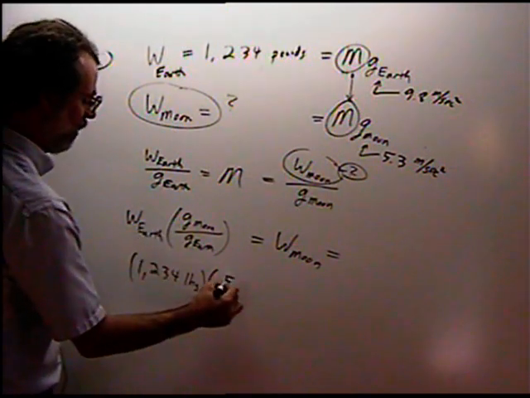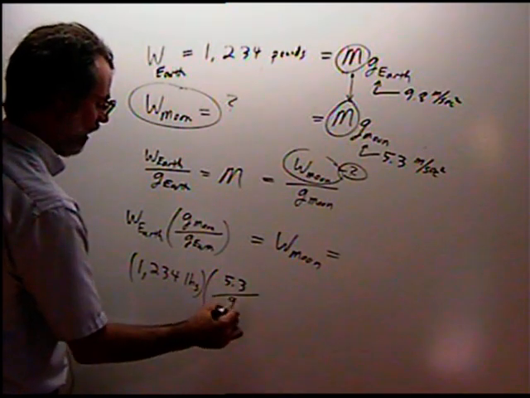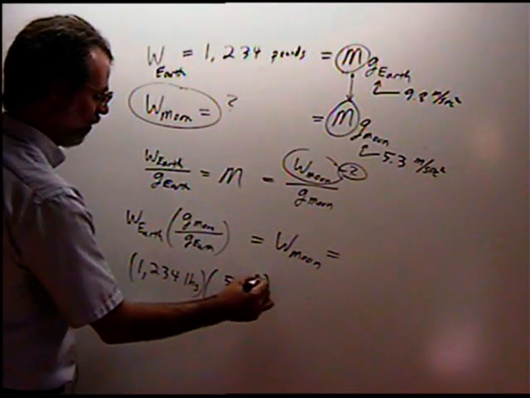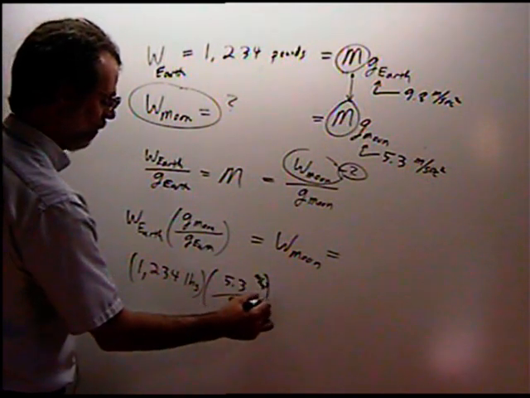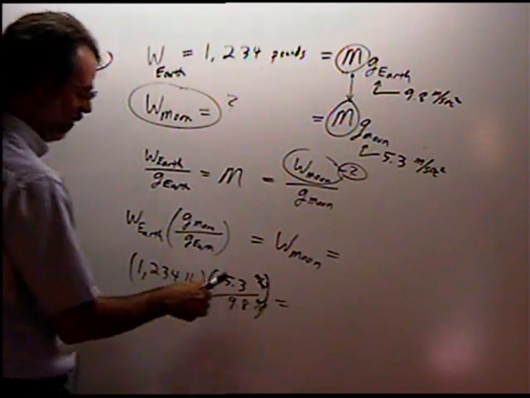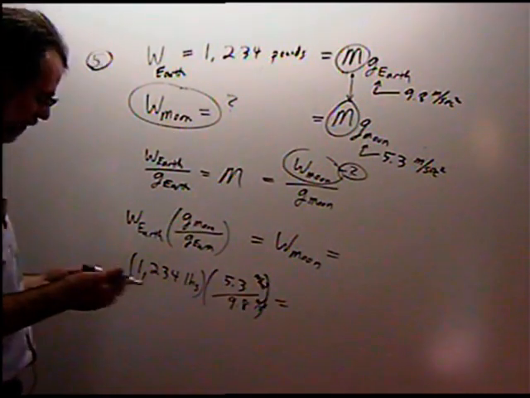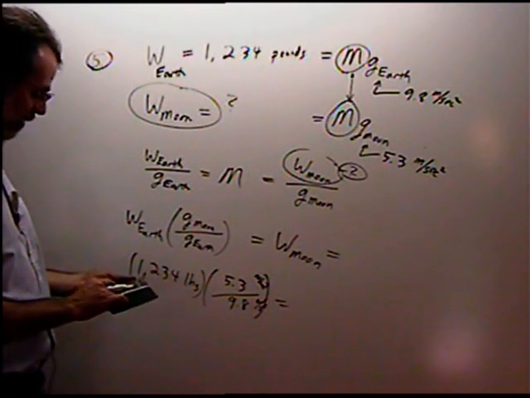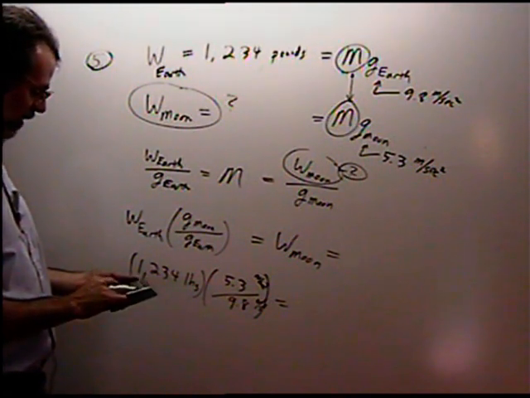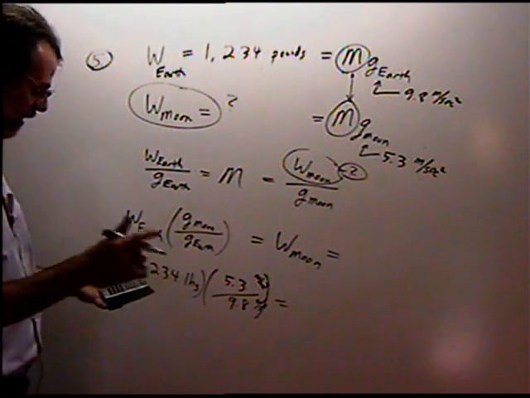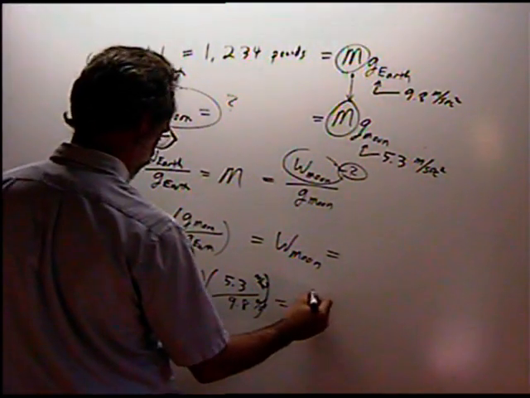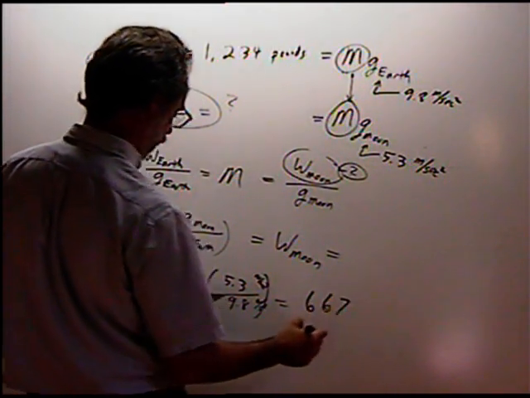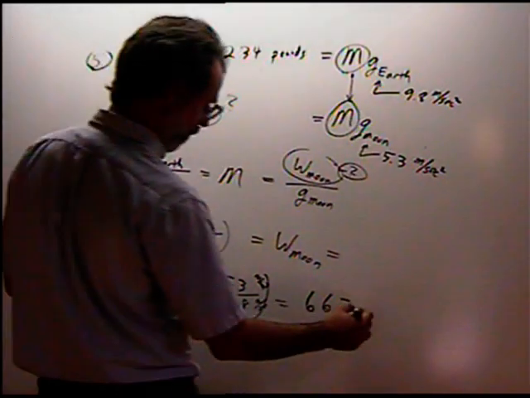We have 5.3 divided by 9.8, and they're both in the same units, meters per second squared. It's really the ratio that's important. So we have 1,234 pounds times 5.3 divided by 9.8, and we end up with 667 pounds.